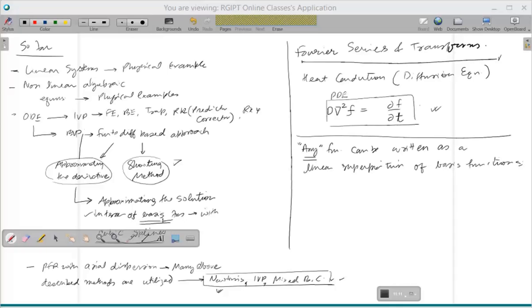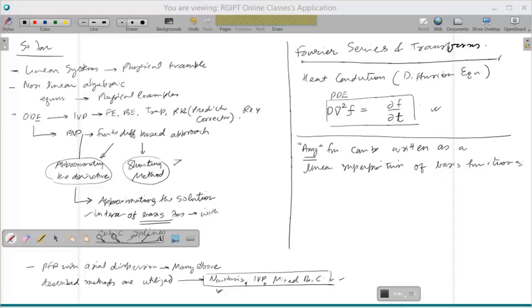There we constructed basis functions with cubic splines, which were finite-ranged functions centered, looking like a bell. It was zero elsewhere, and within a range it was not zero and had a particular shape. This was constructed by stitching different cubic functions in different regions and joining them. So those were our basis functions.